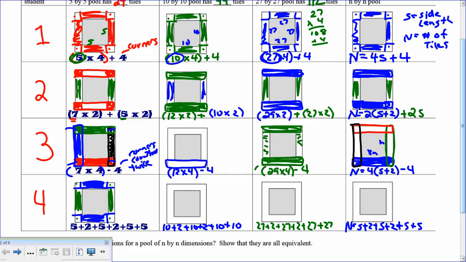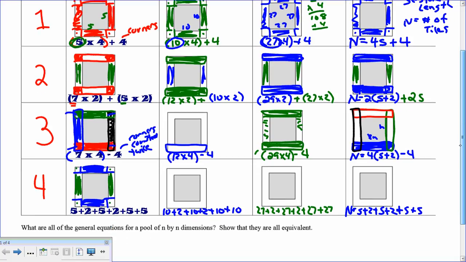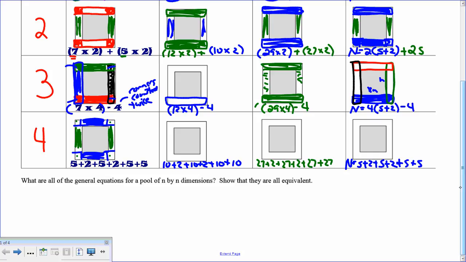All right, so we've come up with these equations to basically find out if they're equivalent or not. So if I go to the bottom here, and I write those 4 equations in here. The first one, even though we covered it up, was n equals 4s plus 4. Number 2 is n equals 2 times s plus 2 plus 2s.